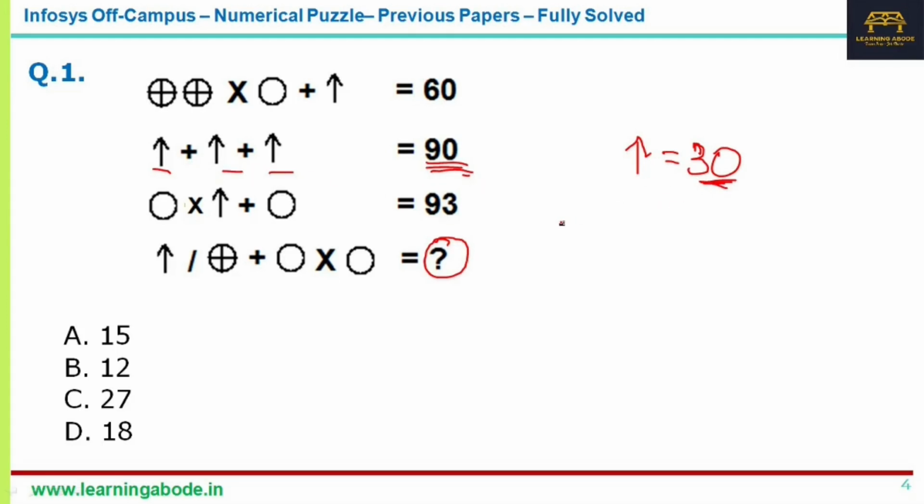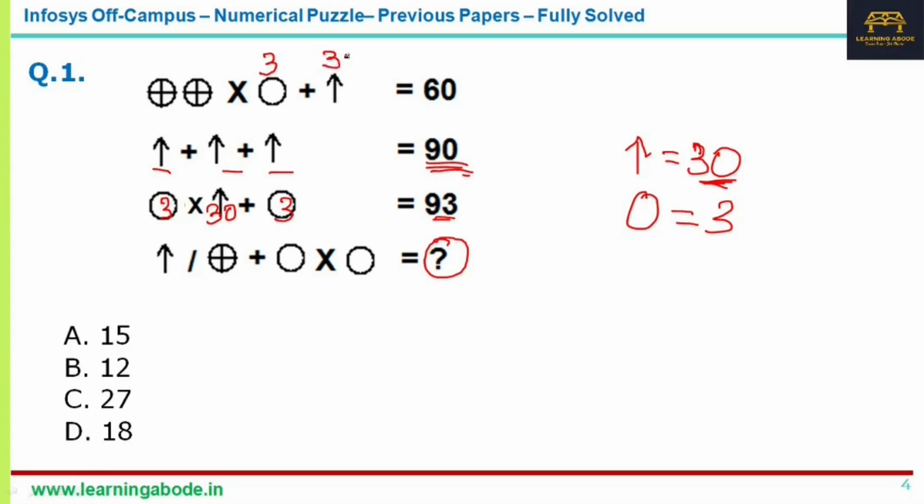Next, you can substitute this 30 in the third equation. Here you have a circle into 30 plus another circle is 93. If the circle is 3, then you get 93, that is 3 into 30 is 90, plus 3 is 93. So the circle stands for 3. Now with this information, we go to the other equation.